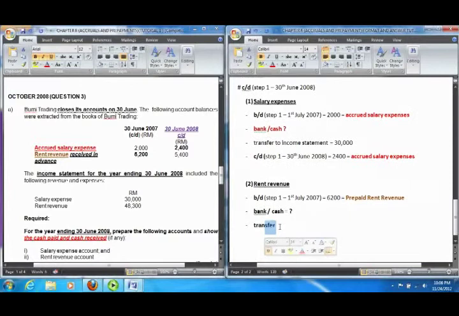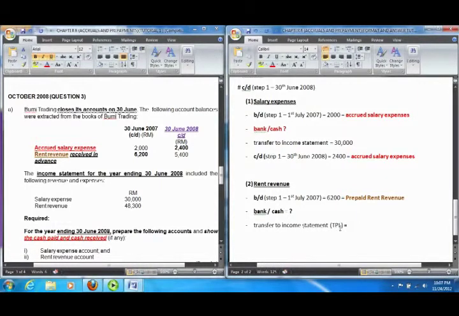Transfer to income statement, also called TPL, trading profit and loss account. Alright, can I know the amount?